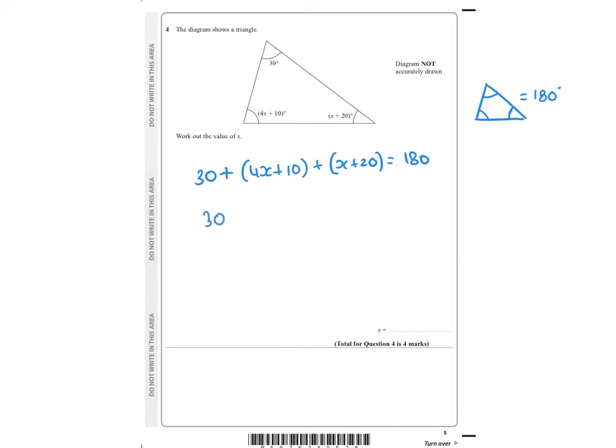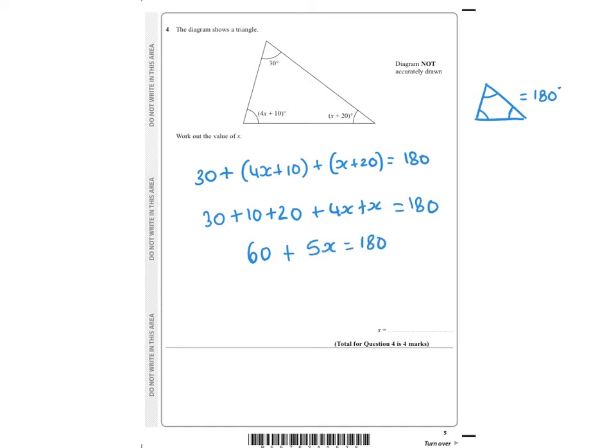So I'm going to get 30 plus 10 plus 20 plus 4x plus x equals 180 degrees. 30 plus 10 is 40, plus 20 is 60, plus 4x plus x is 5x, equals 180.